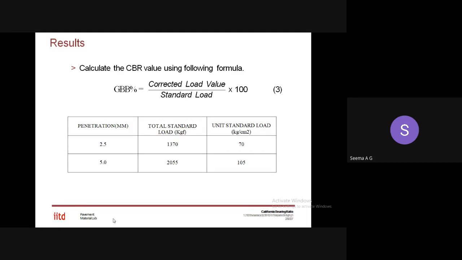So CBR value is computed for 2.5 mm and 5 mm penetration, and usually the CBR value corresponding to 2.5 mm will be larger.